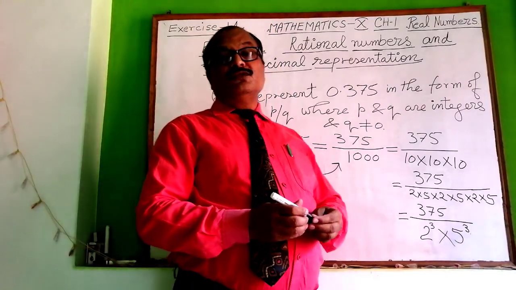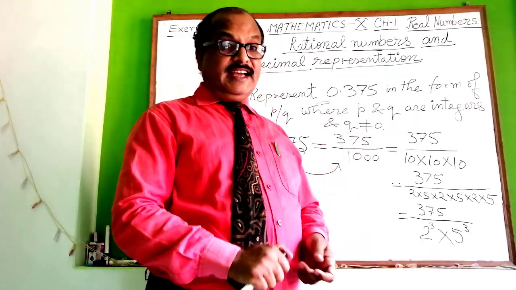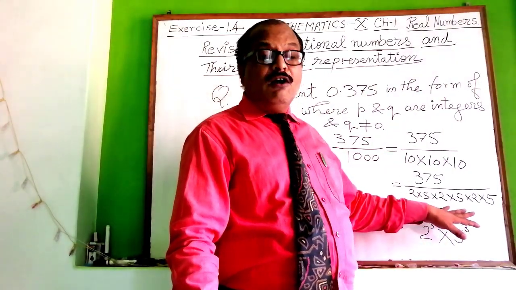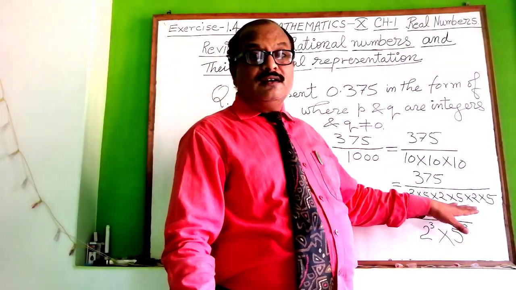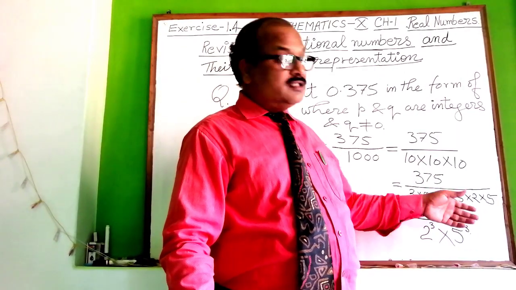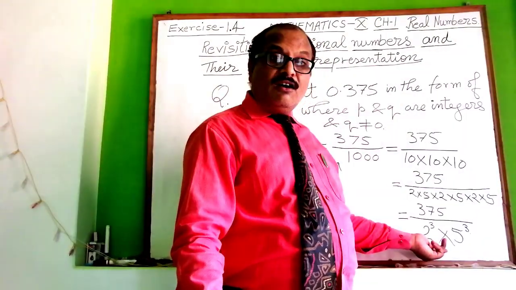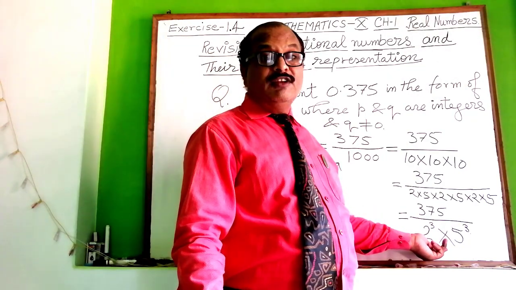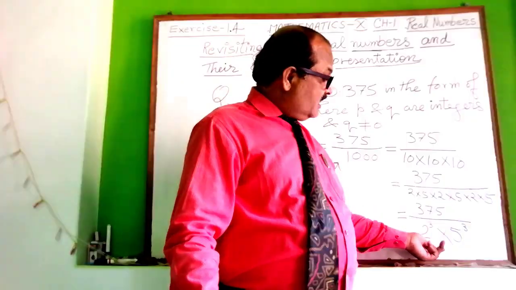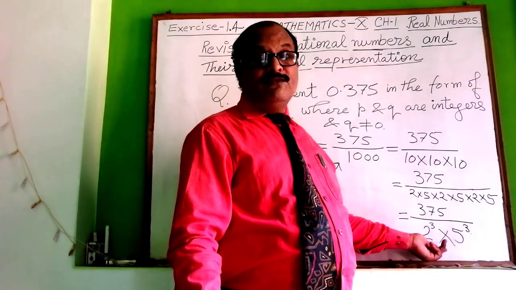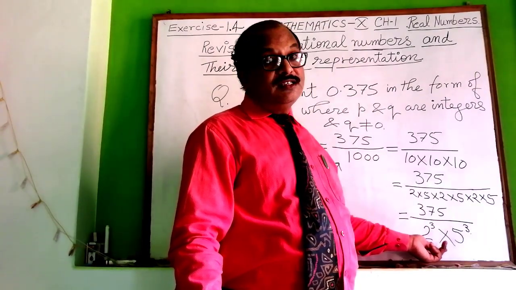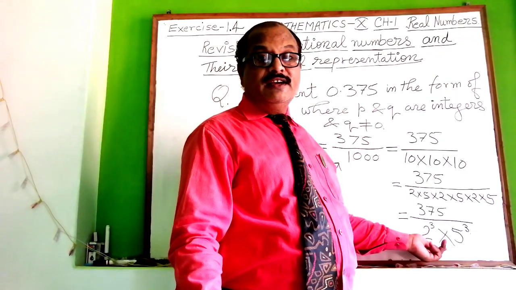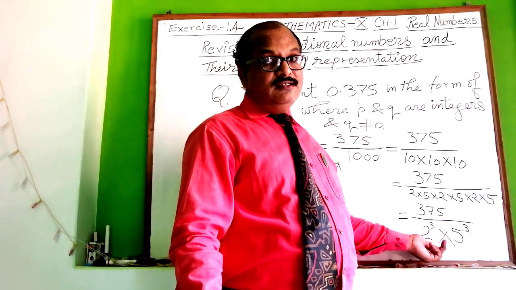So students, the question is coming: without actually dividing, how will you find the type of the number? This number is terminating or non-terminating repeating, which type of number it will be. So in exercise 1.4, question number 1 is of the same variety. In that question, some fractions are given. You factorize.